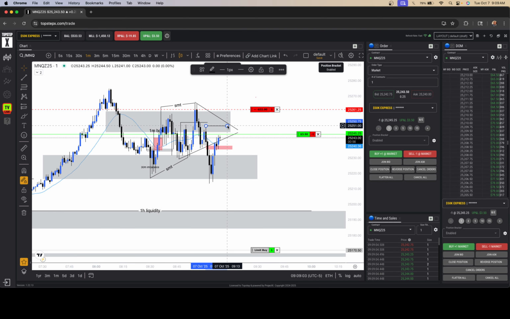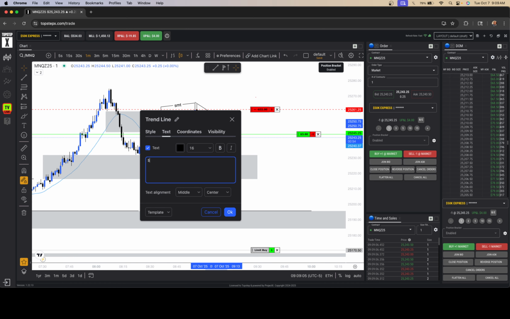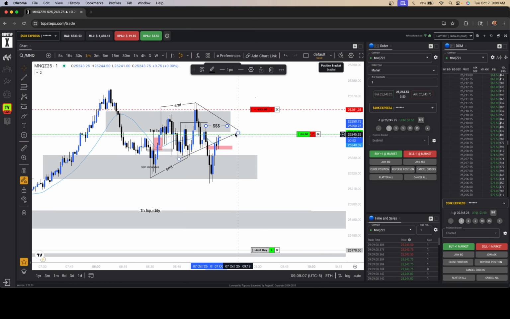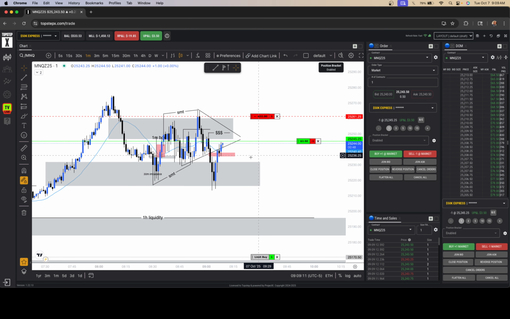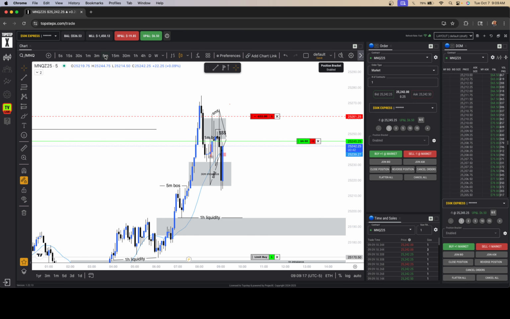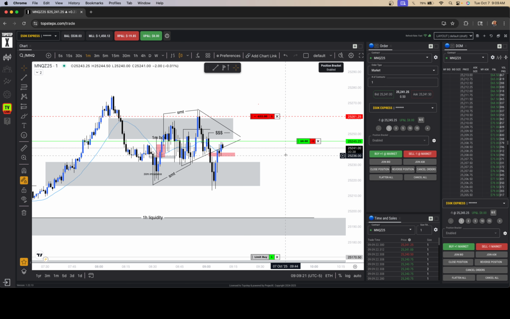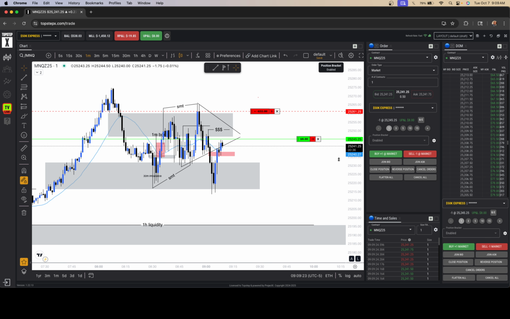I mean, there's always two possibilities in the market. You can go up or you can go down. But this is an inverse fair value gap right here after this sweep. On a 5-minute time frame, that honestly tells me that we are bullish.